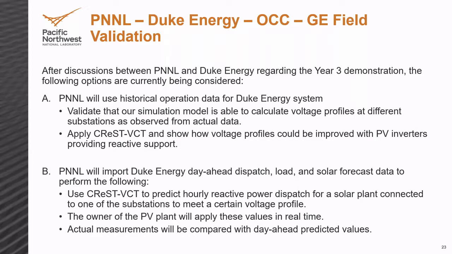So here we are not really doing co-optimization between transmission and distribution, because that would be very difficult to do in just a few months, but we are at least trying to show the distribution part: how we can build on forecasted data, and how we can dispatch this solar plant's reactive power to maintain a nice voltage profile at the substation level.